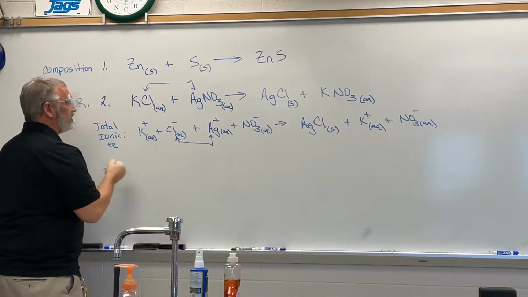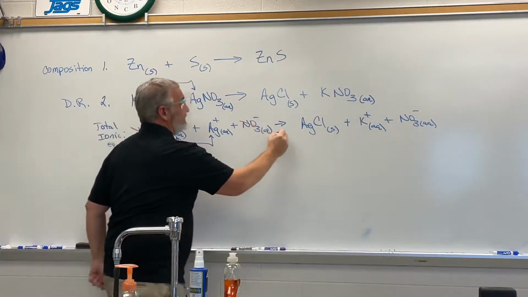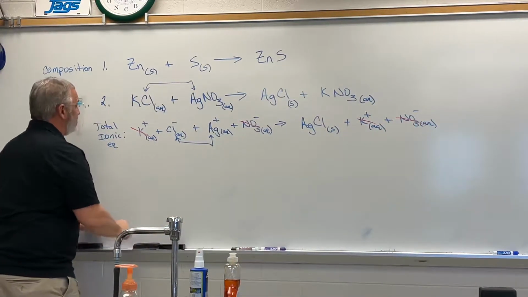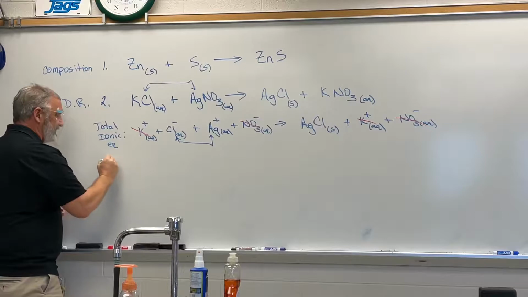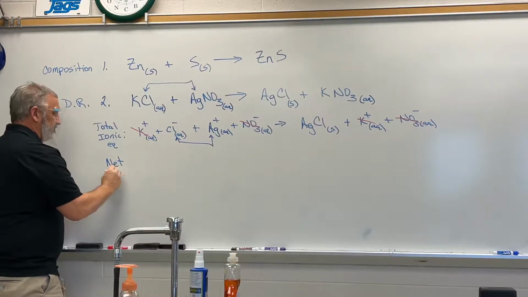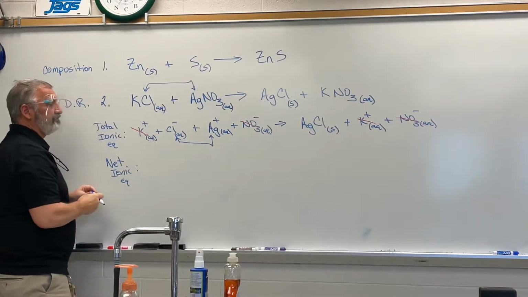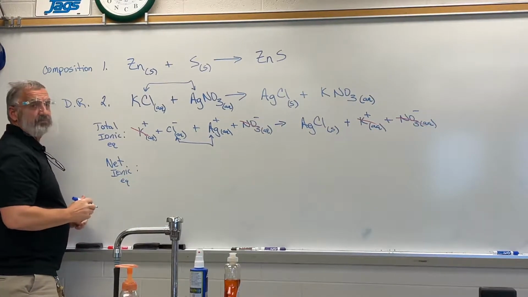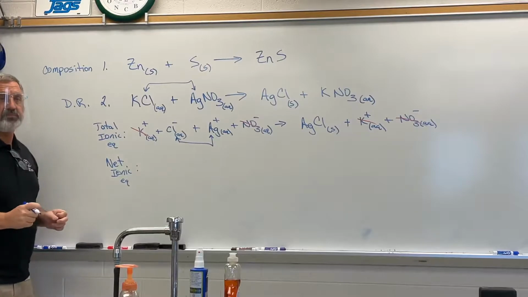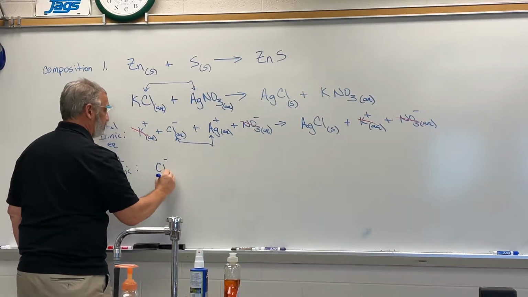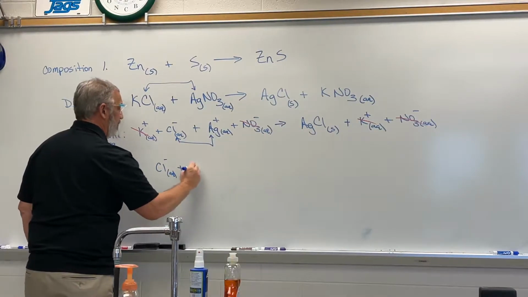So if we cross out our spectators, the real reaction that's taking place, the net ionic, is going to be what? What's left? Cl minus plus Ag plus is AgCl.